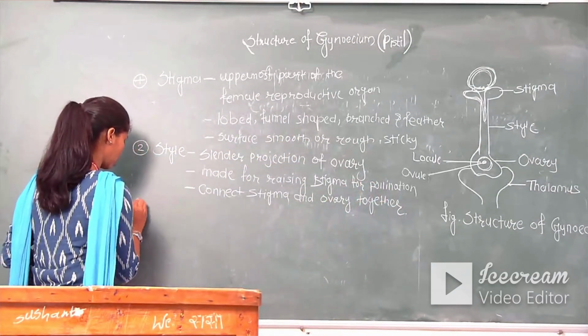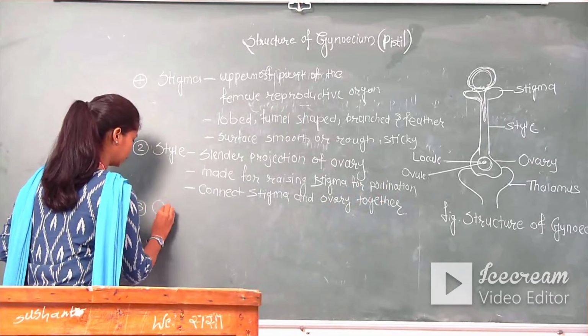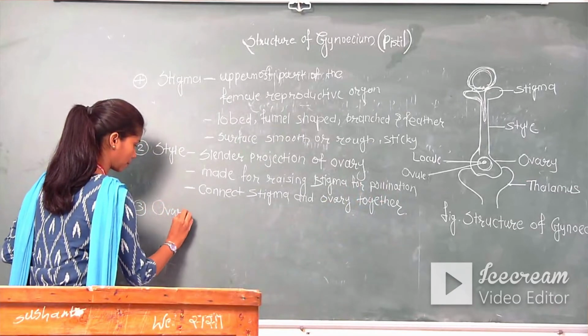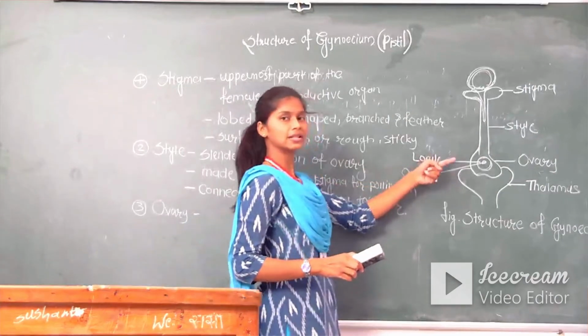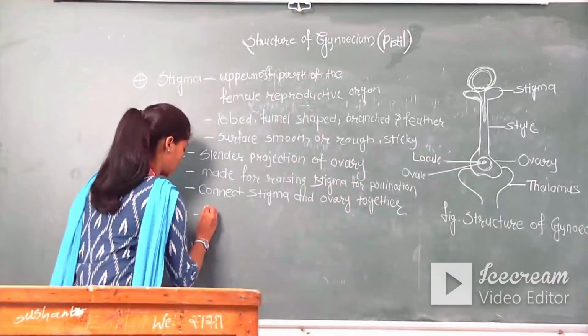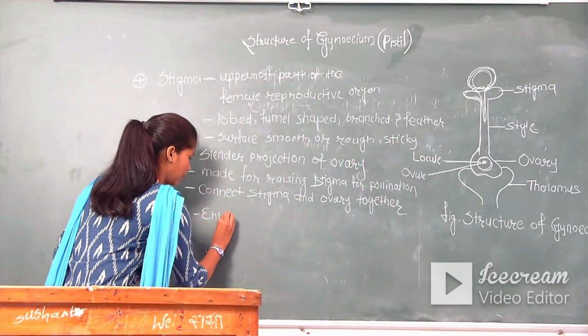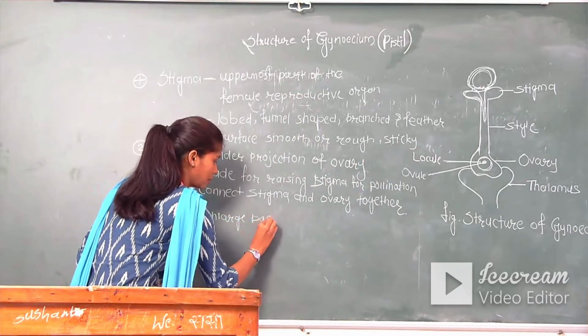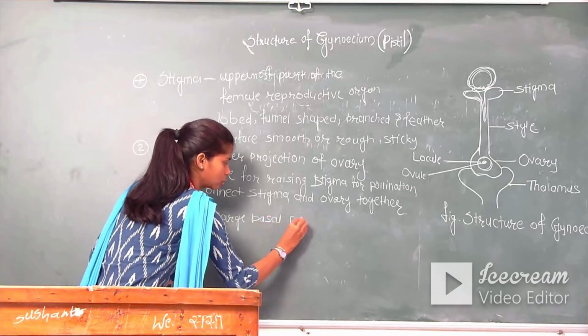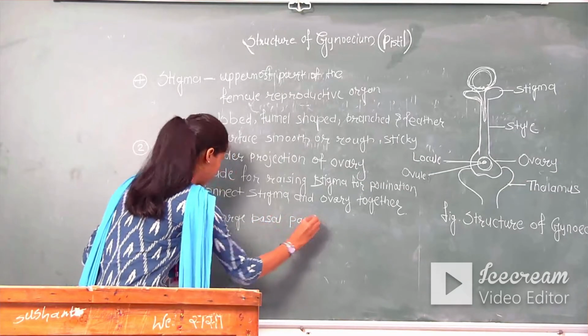Third part है वो है ovary. Ovary क्या है? It is the basal swollen part. उसको कहेंगे हम enlarged basal part is known as ovary.